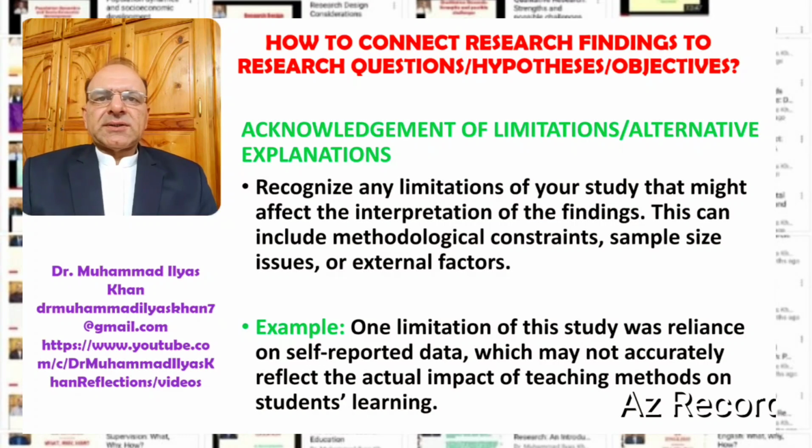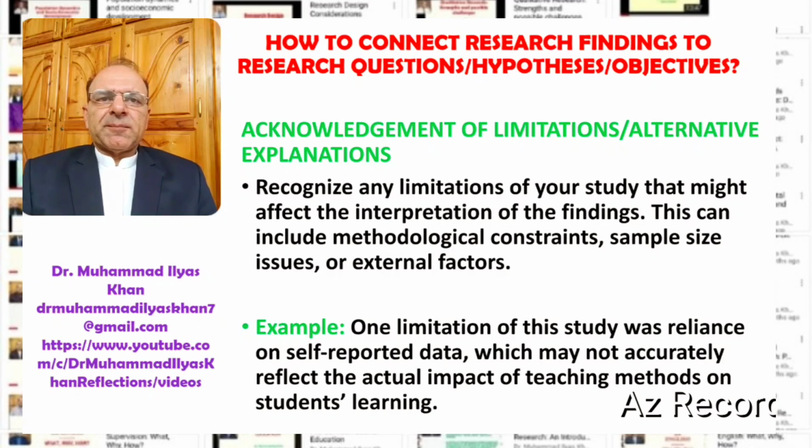So, if you are just relying on the perceptions of students or teachers, without using triangulation, for example, observing that impact or quantifying that impact, that is something that might be considered a limitation of the study.